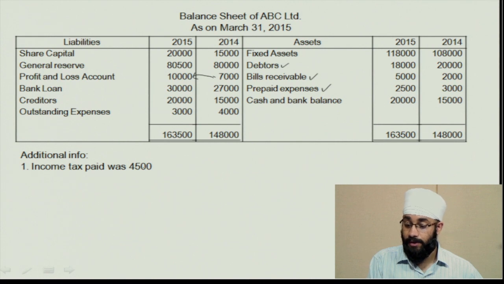So this will be taken care of at the last part of the cash flow statement. Right now we need to look at all the current assets and current liabilities excluding cash and bank balances. So we see here debtors go down and prepaid expenses go down. So there are two items of current assets which are going down by 2,000 and 500 respectively.